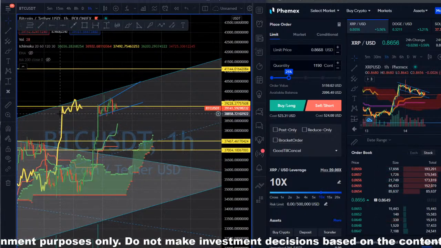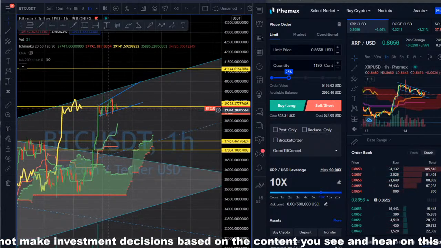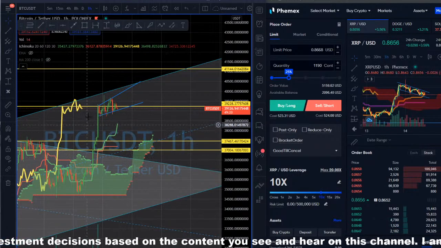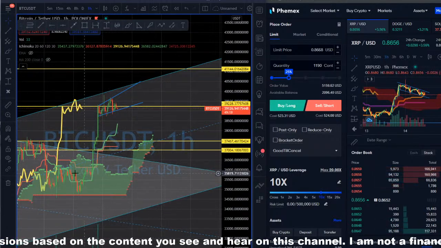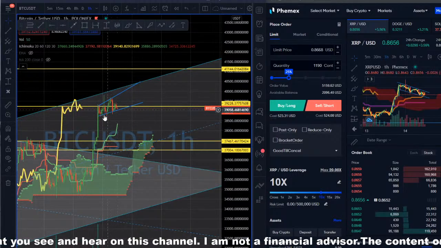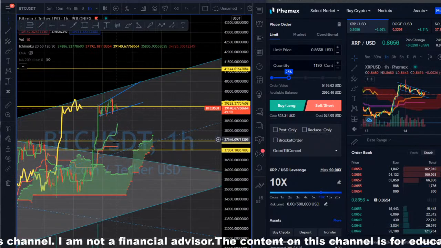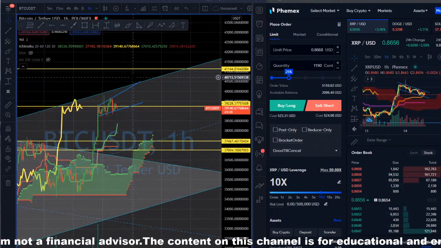It indicates that you are overbought. That's a good indication that you're overbought. The farther away you are from the baseline, the more overbought you are.